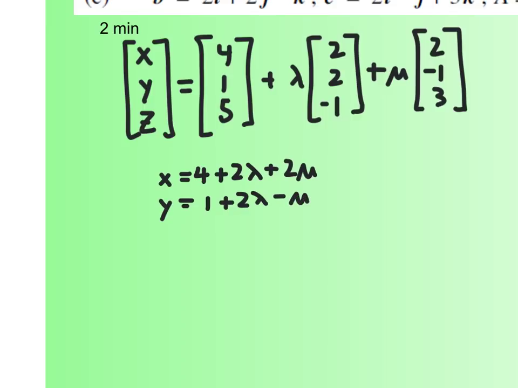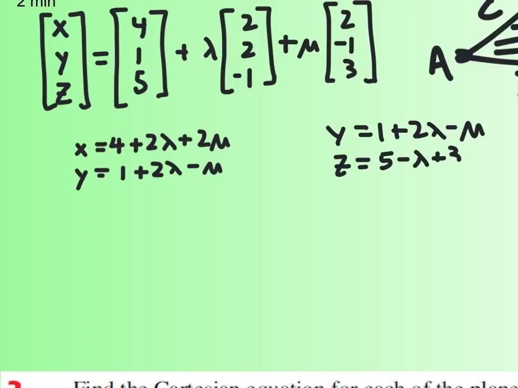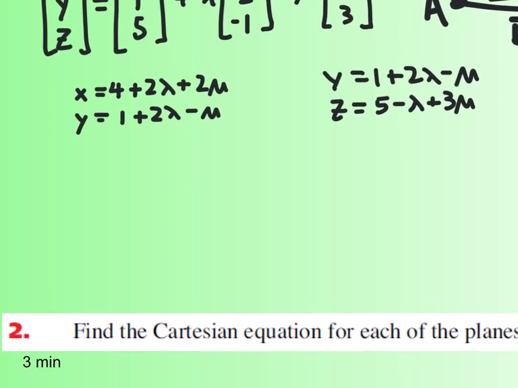I'm going to rewrite y over here as well, anticipating the work I'm going to have to show in a moment. And then z equals 5 minus lambda plus 3 mu.